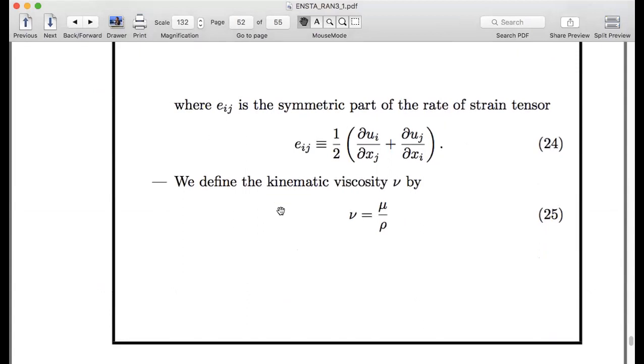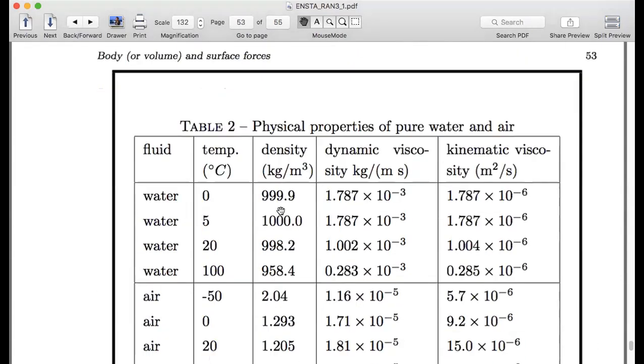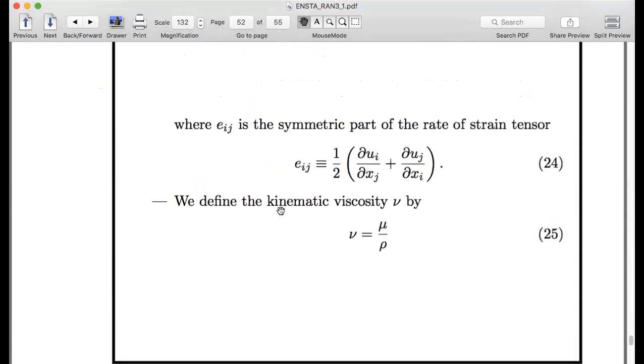I think just before I leave this topic, I should define: we don't actually work with the dynamic viscosity that much. It's more common to work with something called the kinematic viscosity, because we'll see later that that's the term that enters the Navier-Stokes equations.